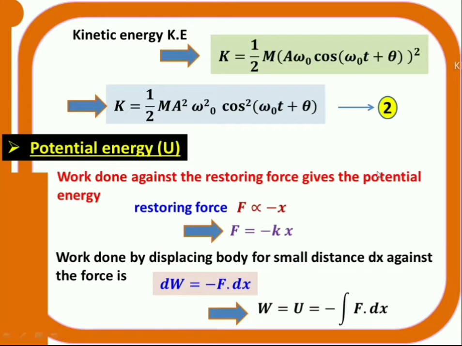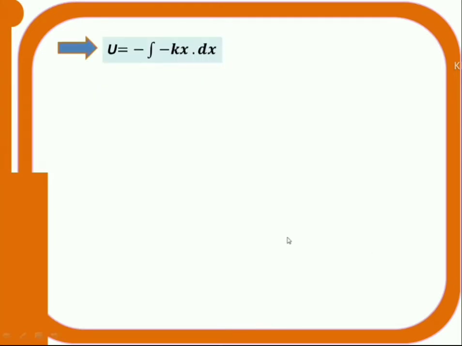W is equal to U, potential energy, is equal to minus integral F dx. What is F? Restoring force, minus kx. If I substitute that one, potential energy U is equal to minus integration of minus kx dx. Minus into minus is plus. U is equal to integration kx dx.